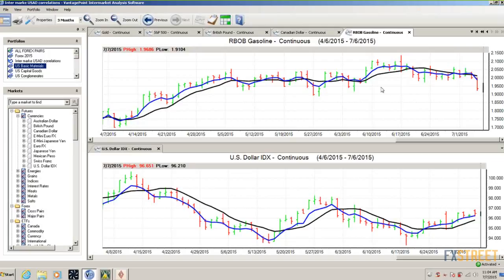So what I'm looking for, what we should all be looking for, is intermarket correlations that are driving the Forex market. Some of the major players here, guys, we're going to talk about them in some degree of depth so everybody can leave here understanding what they should really be looking for when they're trading.